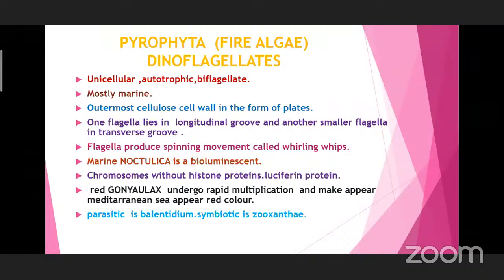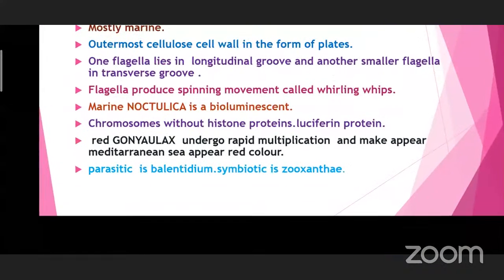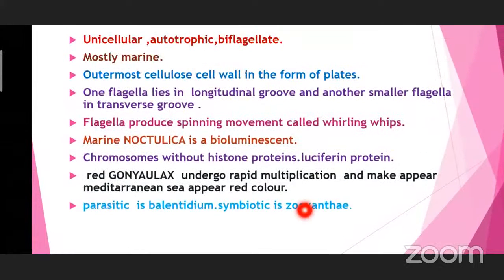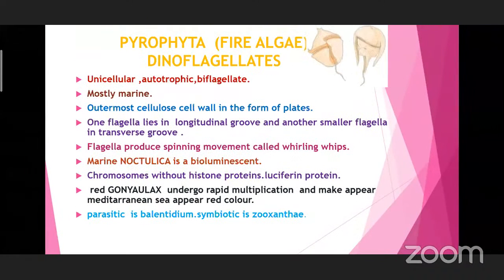Next, parasitic forms. We have discussed photosynthetic protists, and pyrophytes are photosynthetic. Dinoflagellates are the example. Here, some more important features: the parasitic nature of Balantidium can be seen, and a symbiotic association is also seen in zooxanthellae. So this thing in particular you have to remember.